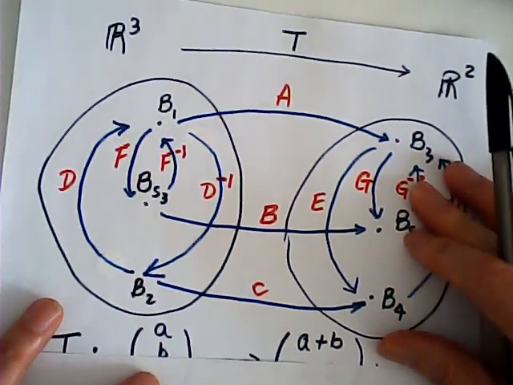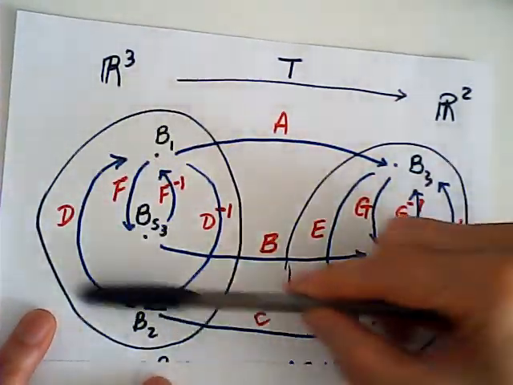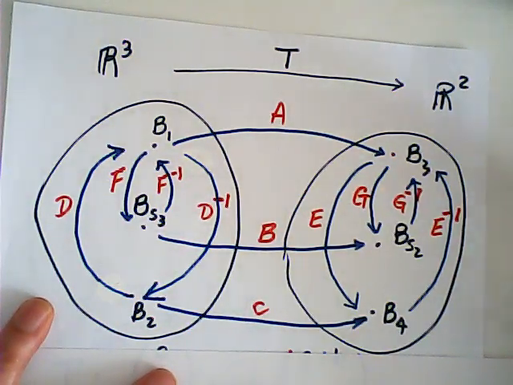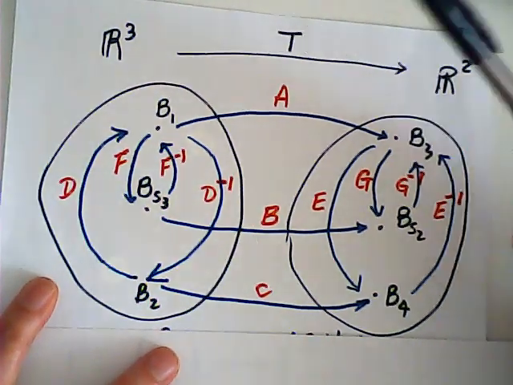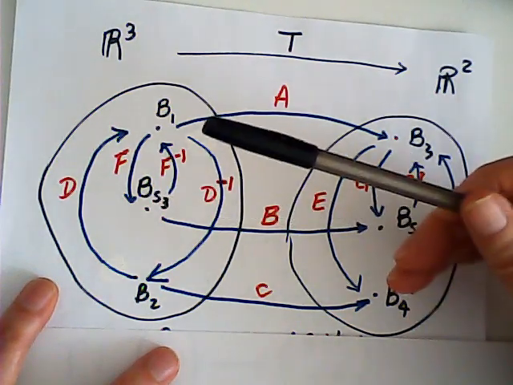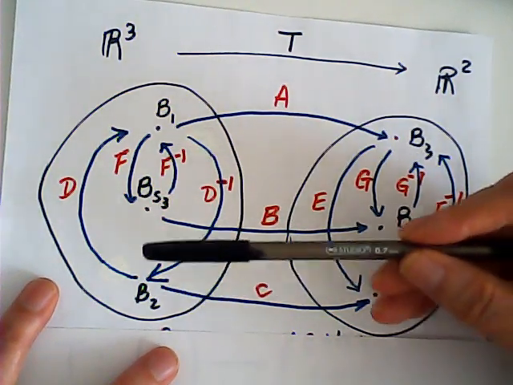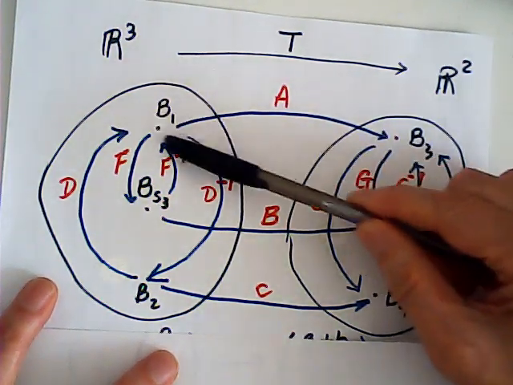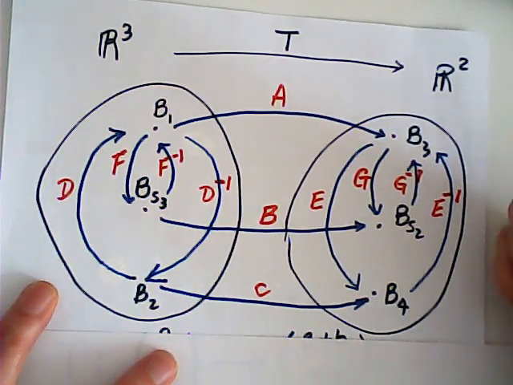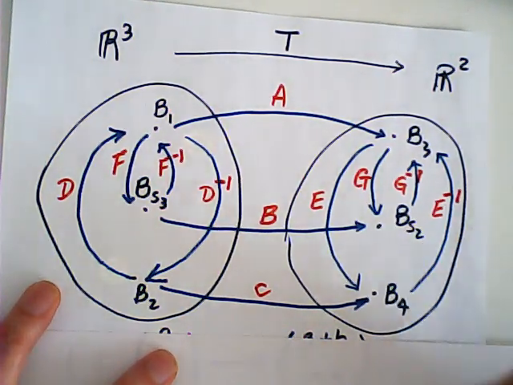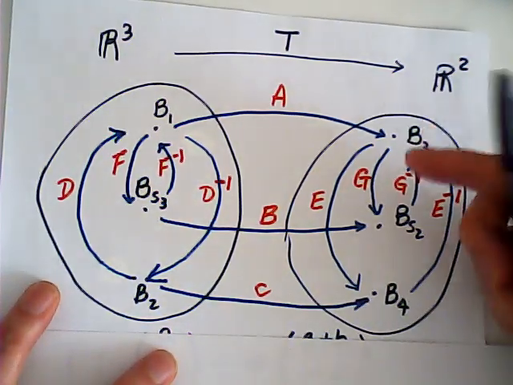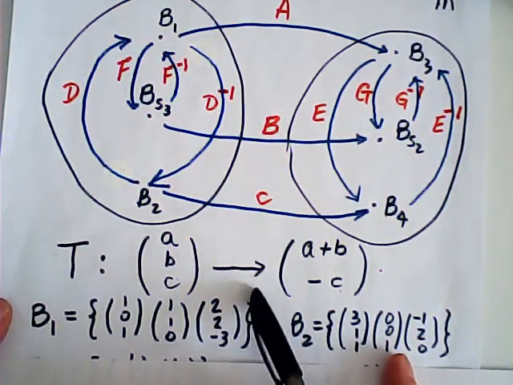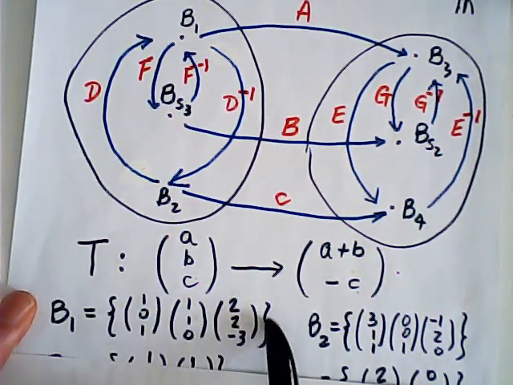Now, in this R3, where all vectors are three-dimensional, we can have a basis. Well, what's a basis? A basis is a set of vectors which is linearly independent and generates the whole space. For example, B1 is a set of these vectors.